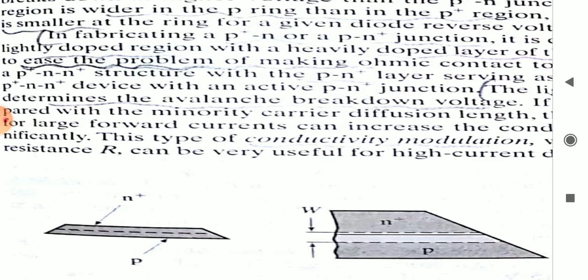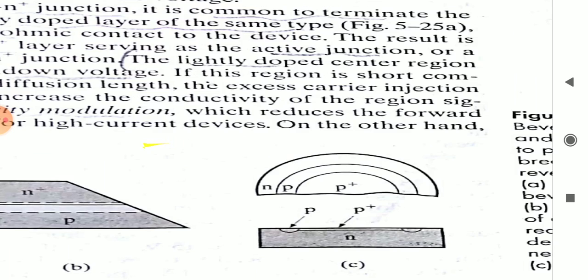If we have a trapezoidal shape, then the area at one layer will be higher compared to the other. So that penetration we can avoid, that is, the punch through effect we can avoid. If the punch through effect is avoided, then the reverse voltage breakdown will take place at the particular value which is specified by the manufacturer. And the second one is a guard ring.